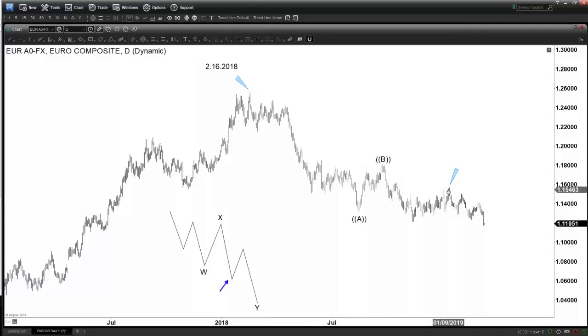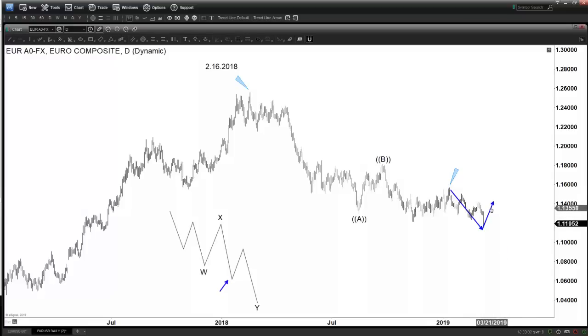Now if this is your wave 2 of C and we are in the wave 3 of C, then this could be your 5 wave diagonal, wave 1 of 3 of C. And if that happens, then basically we're going to see a bounce to correct this entire cycle before lower again.